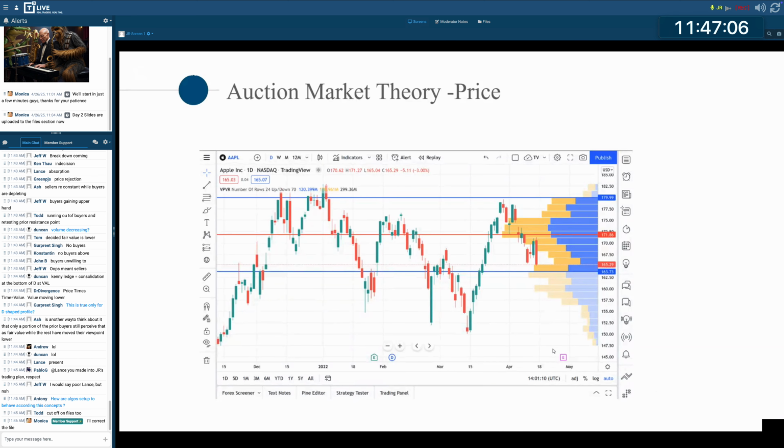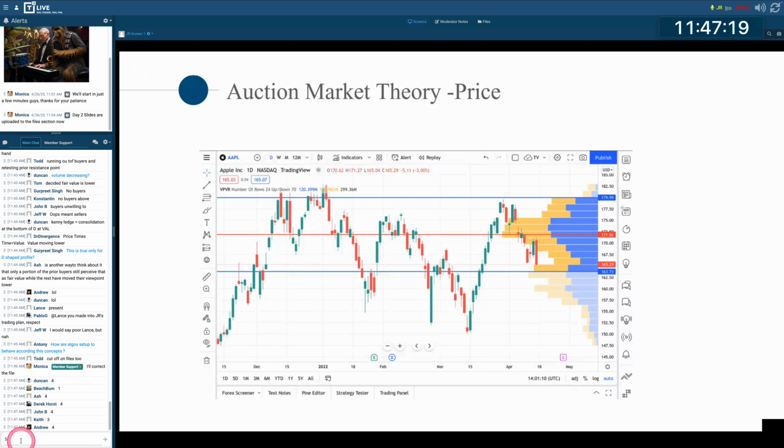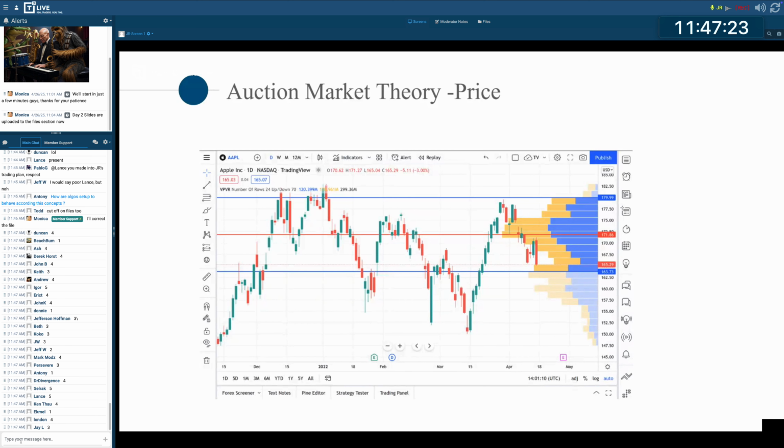Out of curiosity, just from let's say 1 to 5, how comfortable are you guys with volume profile today? No judgments whatsoever. We have 5s, we have 1s, we have 3s, we have 2s.